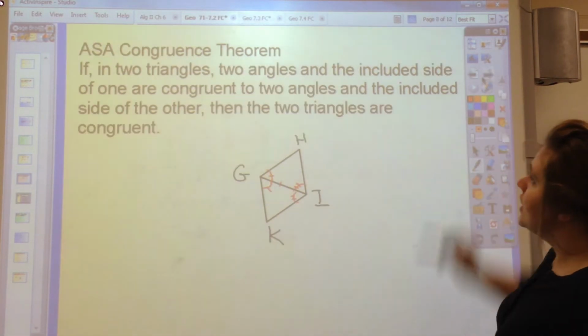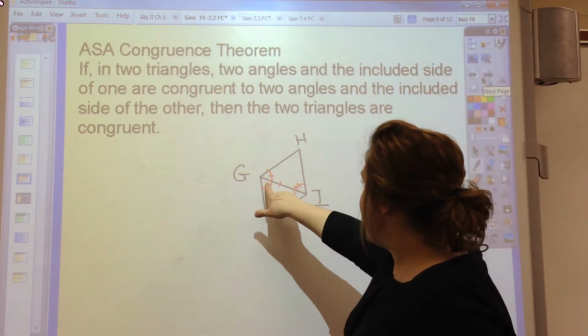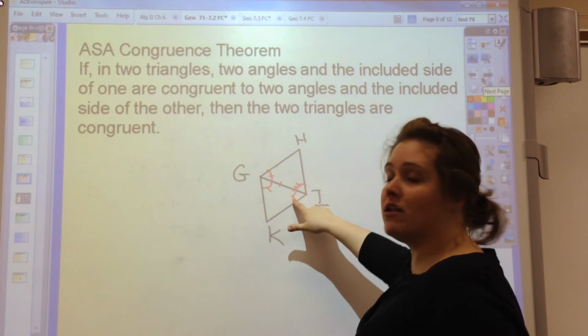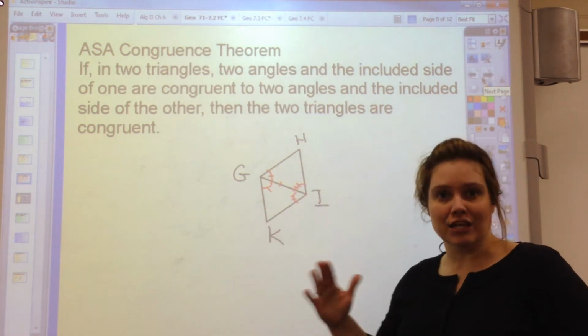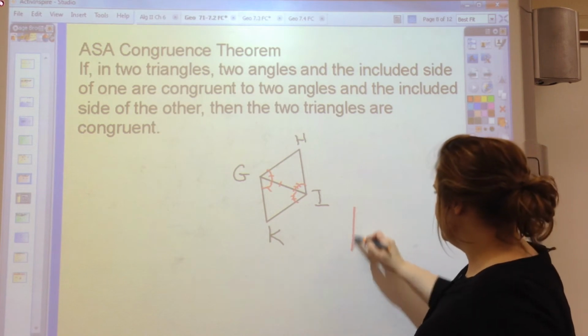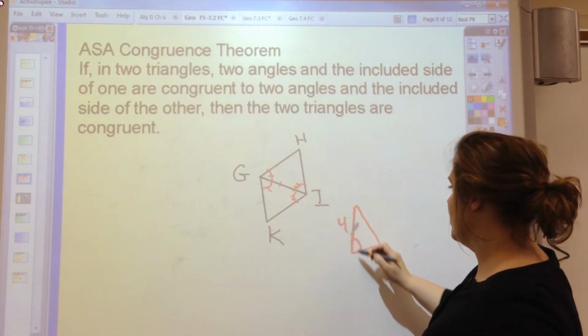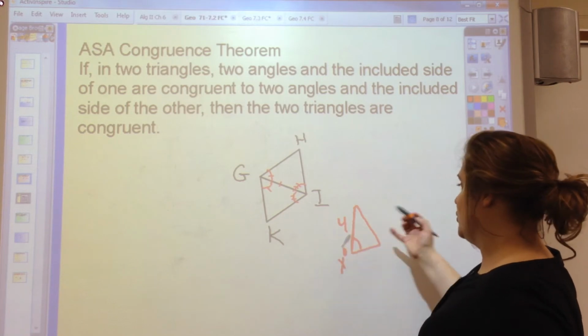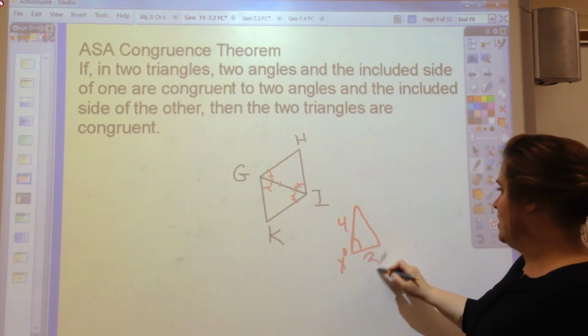All right? Angle, side, angle. This means that I have an angle, the side length in between, and another angle. So, again, they must go in consecutive order. For example, let's do another one. Let's say this side length is 4, this angle is x degrees, however it may be, and this side length is 3.